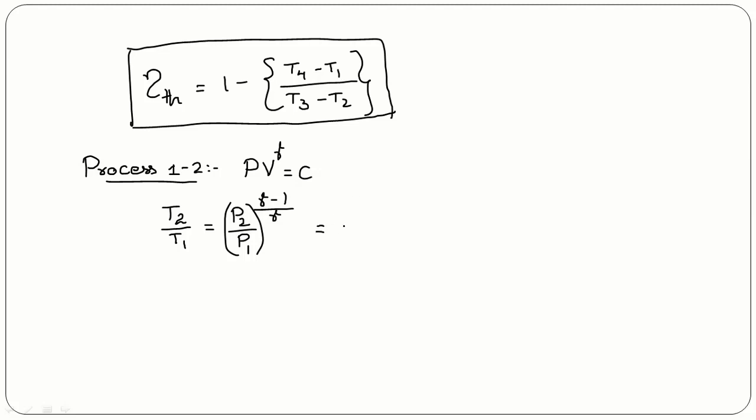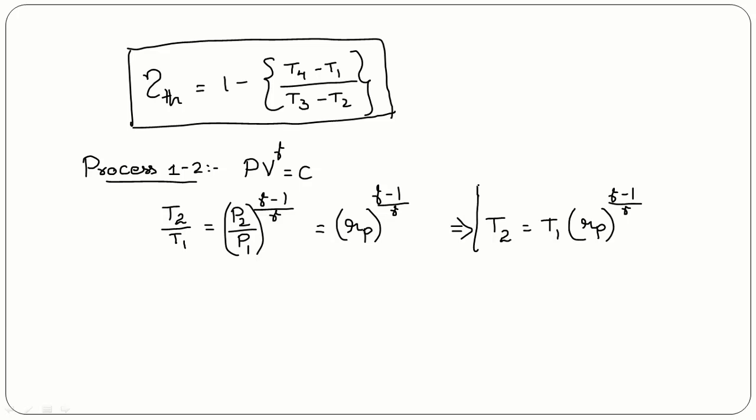So from this, P2 by P1 is nothing but the pressure ratio, so Rp to the power (gamma minus 1) by gamma. So from this we can write T2 equal to T1 into Rp to the power (gamma minus 1) by gamma. So this is the T2 value.